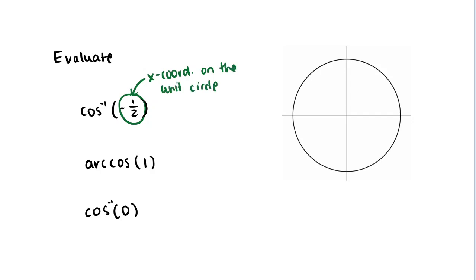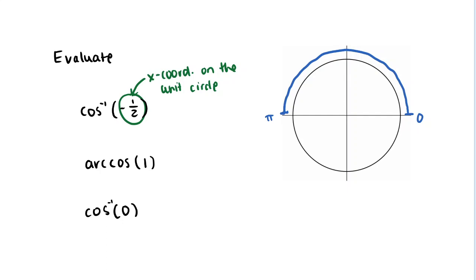And this cosine inverse function is going to give us back angles between 0 and pi. And of course there are many other angles which will land on this top half of the circle, but we're only looking at angles between 0 and pi that land on this top half of the circle when we're dealing with our inverse cosine function.